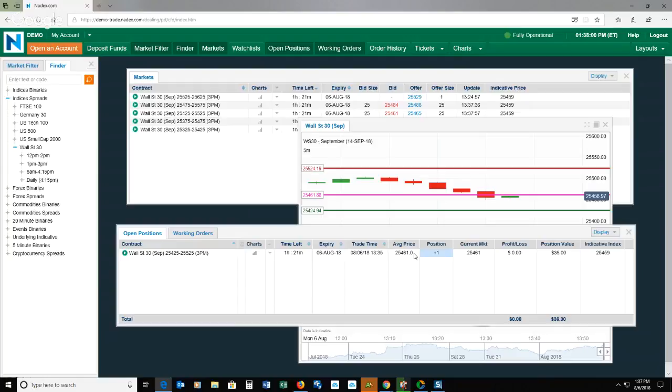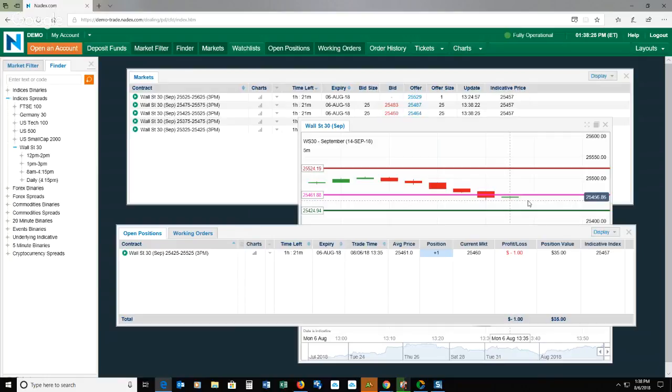If this moves all the way up through that top red line at 25,525, then I have made the full width of the spread. Let's say that it goes to 25,460.